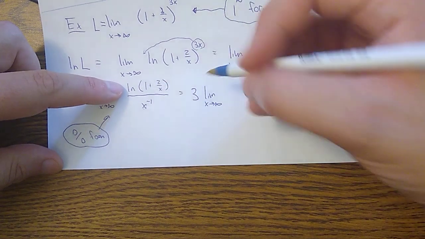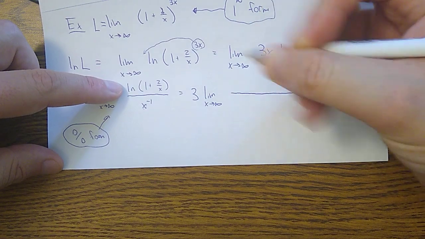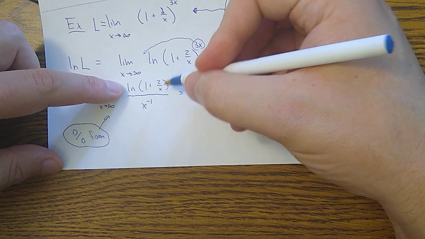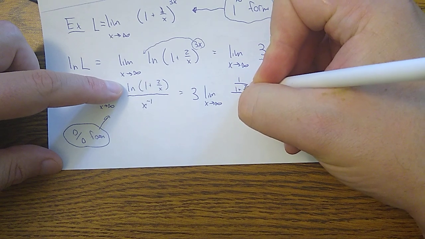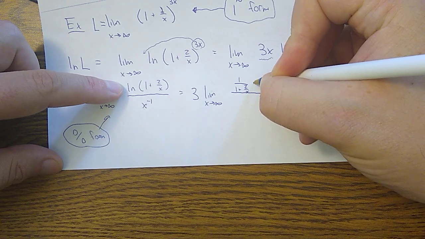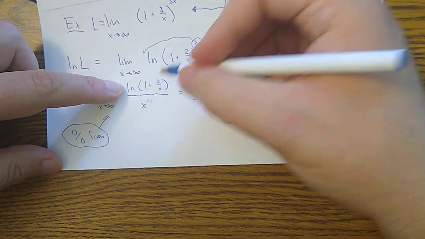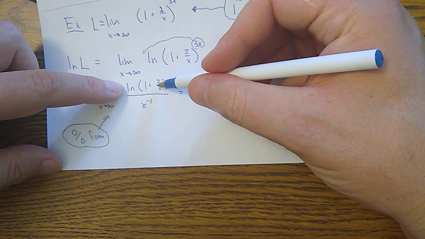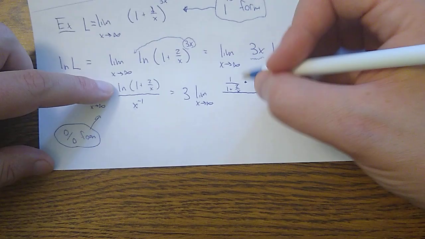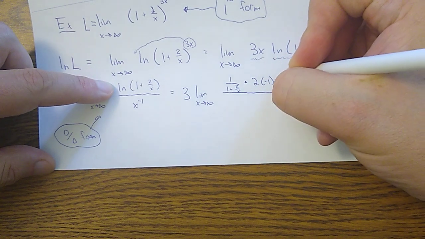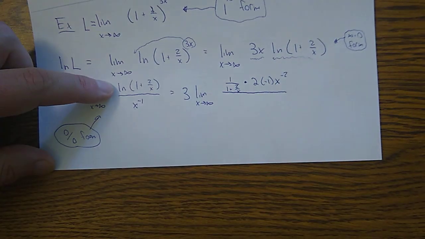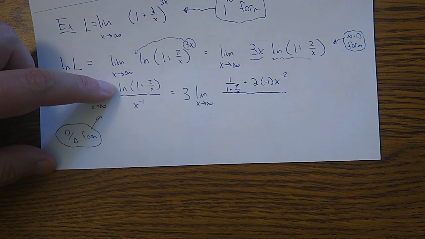Okay, what's the derivative of the top? I'm using the chain rule, so it would be 1 over 1 plus 2 over x times the derivative of the inside. This is 2x to the minus 1, so I can write 2 times negative 1 x to the minus 2 for the derivative of the inside.